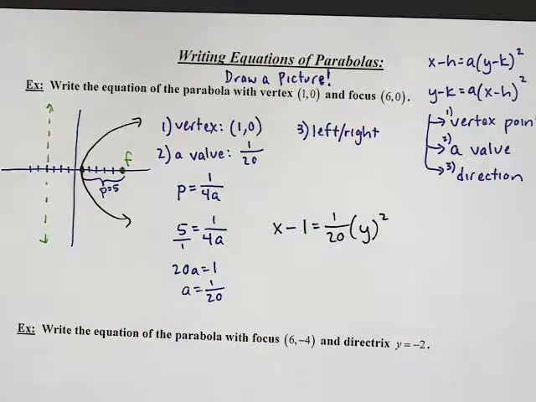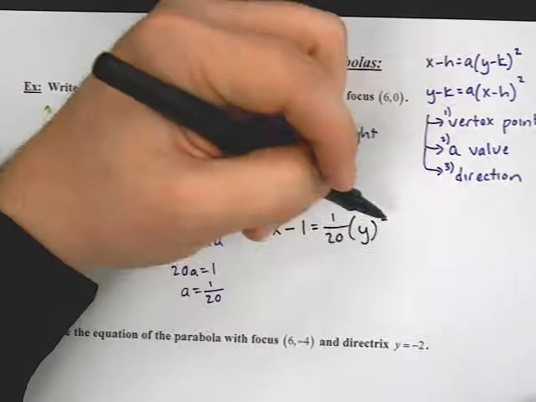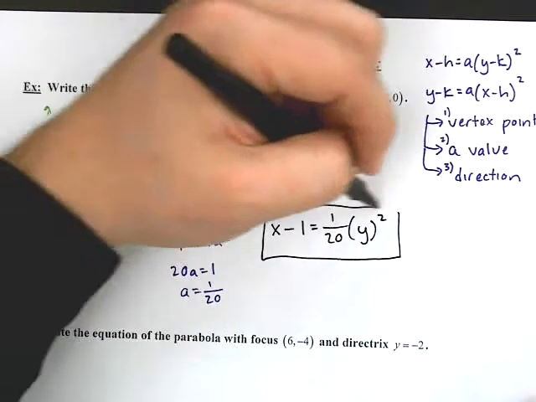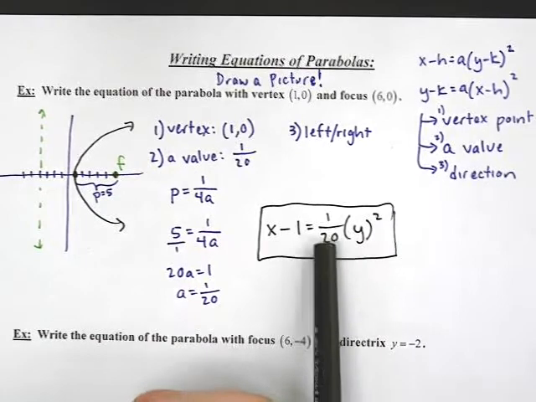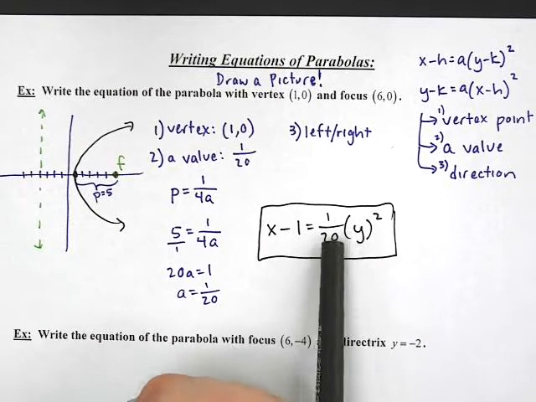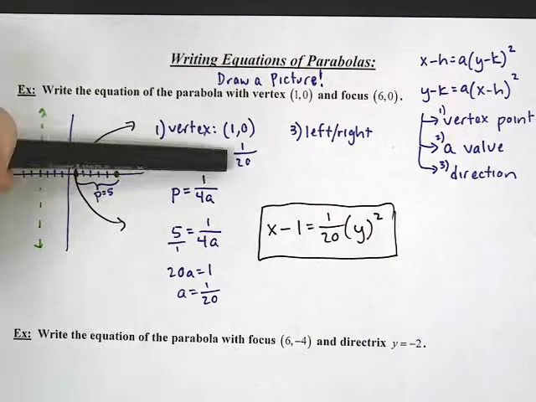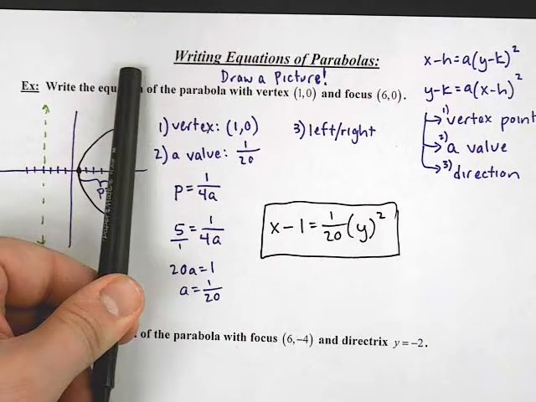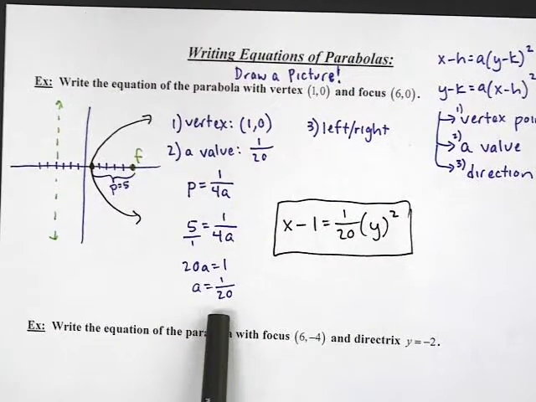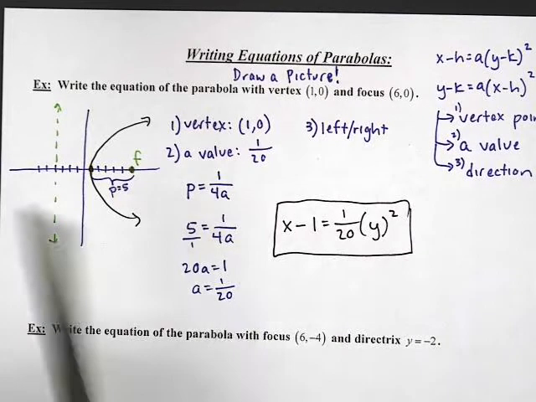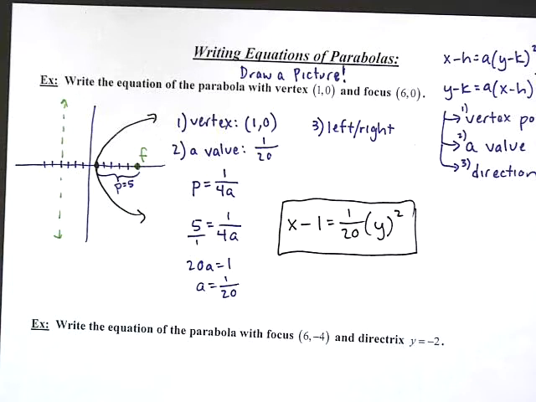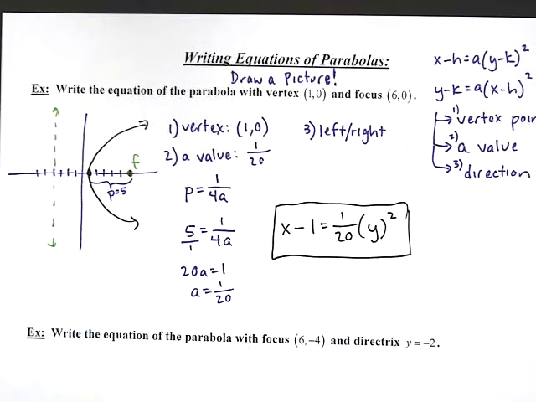You could leave it just like that. If you don't like the parentheses, you can get rid of them. Please remember, a positive a value either means it's going to the right or up. If we had gotten a negative a value here, we would have known that we were wrong, because our picture should have been going to the left. All right, let's try another.